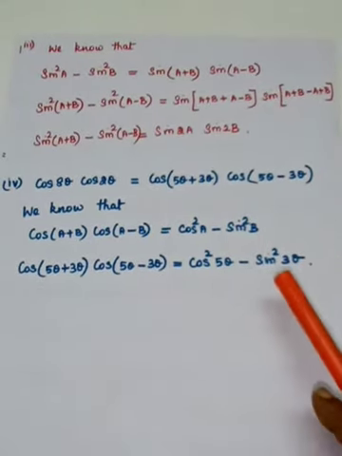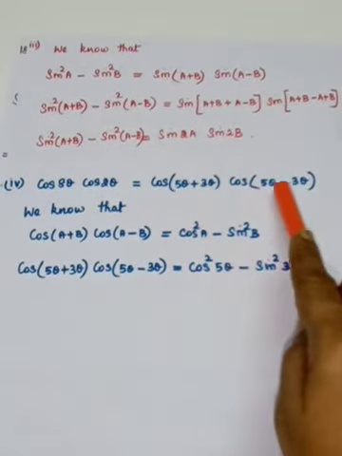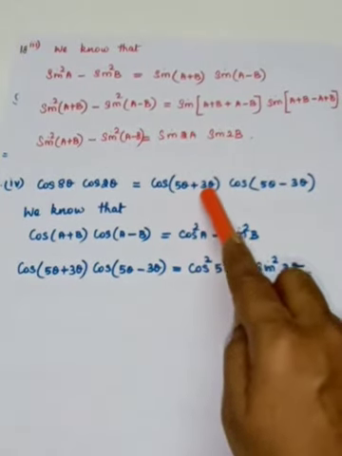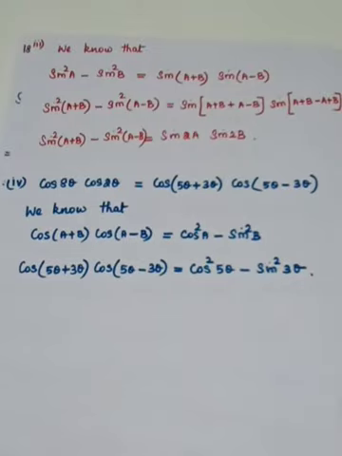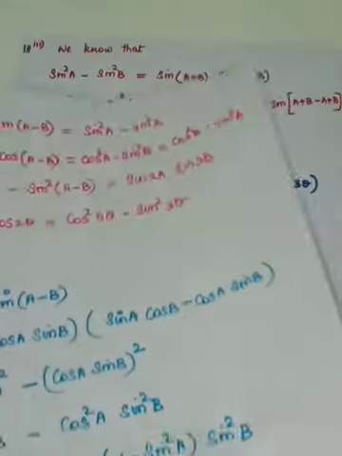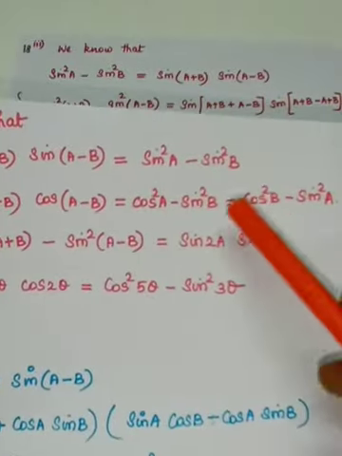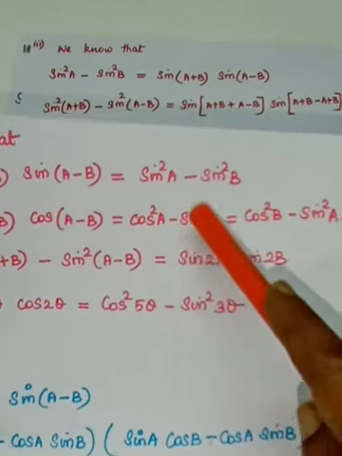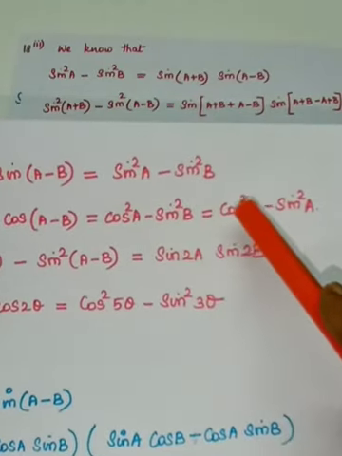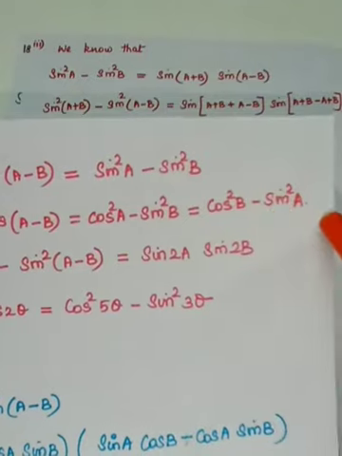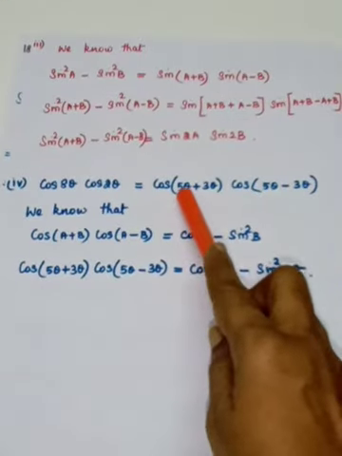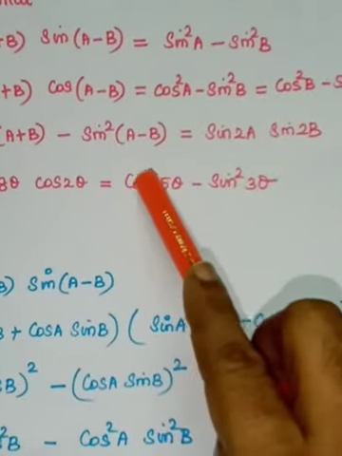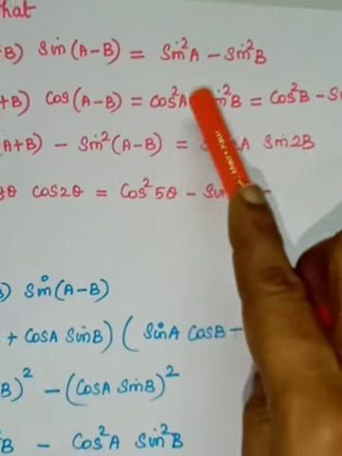So see now, here it is in the form of cos(a plus b) into cos(a minus b), isn't it? So in the second subdivision, cos(a plus b) into cos(a minus b) can be written as cos squared a minus sin squared b, otherwise cos squared b minus sin squared a. So here your a is 5 theta. Which formula has to be chosen?